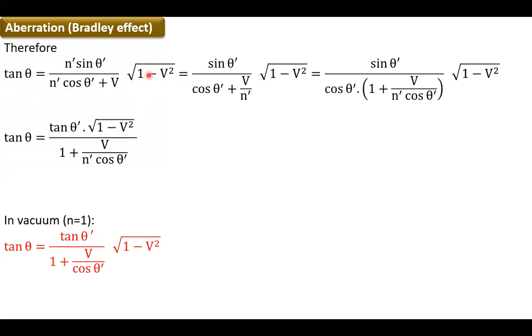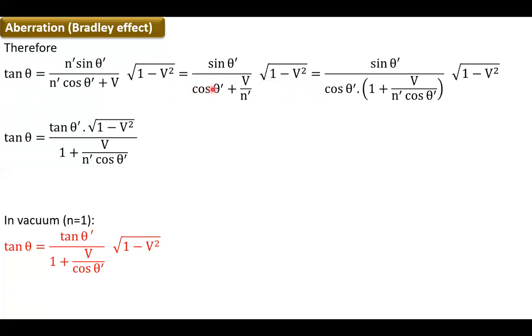If you put n prime here as a common factor and remove it with the upper n prime, you will get cosine theta prime plus v over n prime, so by simplifying by an n prime, radical 1 minus v squared.